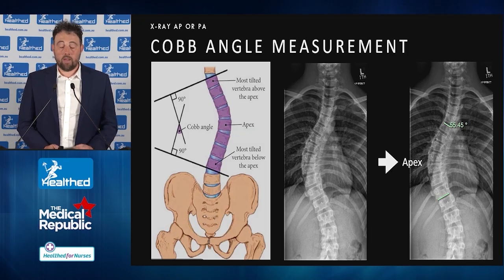And most modern X-ray programs actually have the facility for measurement within the software available for online viewing. This demonstration here is of the apex of the curvature with a 55-degree curve demonstrated in the thoracic spine going to the right, and this is classic idiopathic scoliosis.